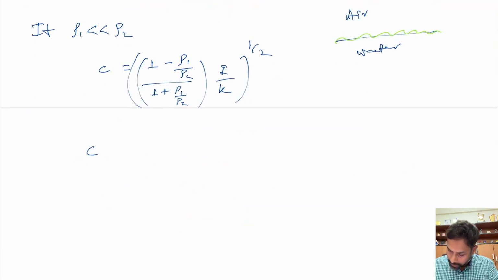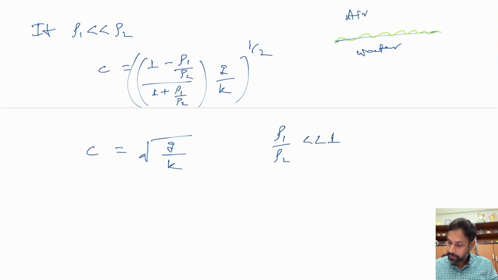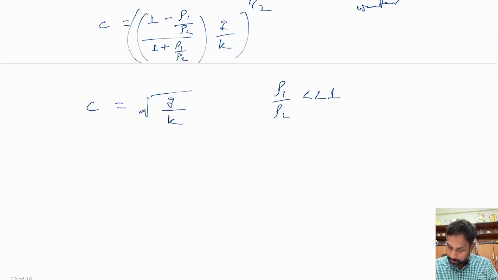So this basically gives you C equal to the square root of g over k, right? Because rho 1 by rho 2 is much smaller than 1, right? This is the case we have considered.